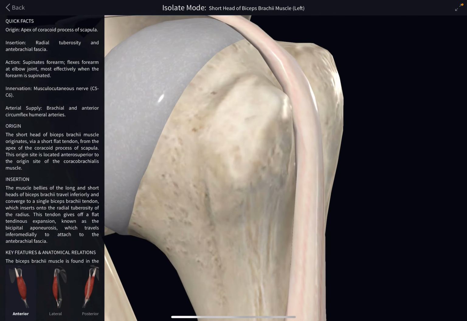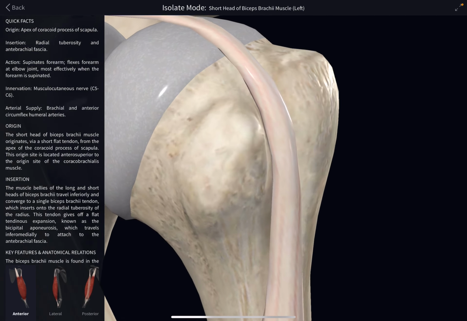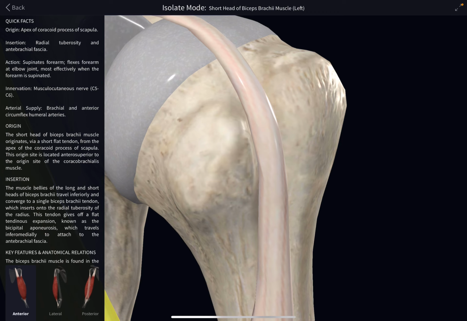This ligament keeps the long head of biceps brachii in the bicipital groove, right? In the bicipital groove lies the long head of the biceps brachii, and that is the reason why the intertubercular sulcus is also known as the bicipital groove.